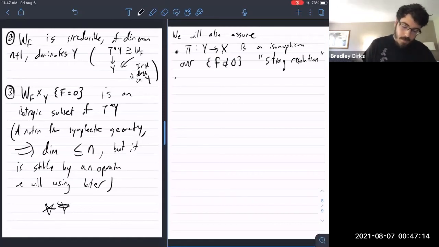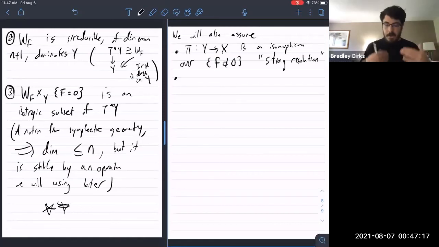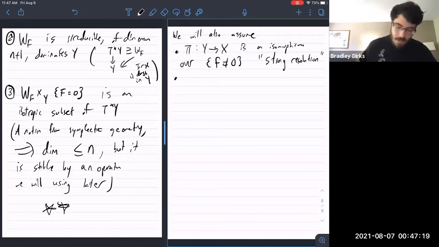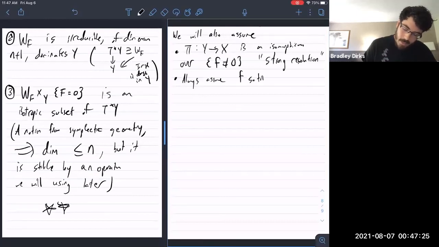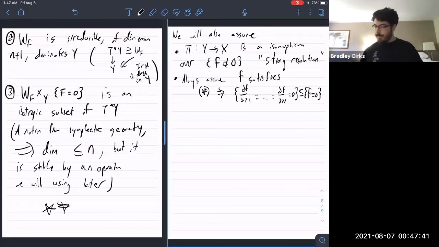That will be important just so we can get a handle on the push forward of certain modules. And remember, we're always going to assume f satisfies this star, which was df dx1, ..., df dxn. If we look at all the partials where they vanish, that's necessarily contained in the 0 set of f.